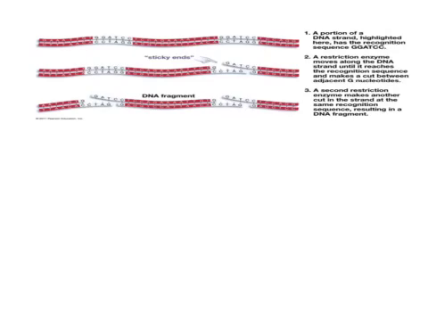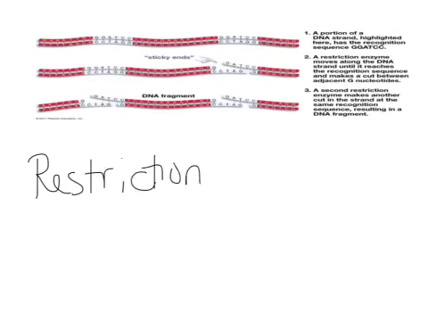Let's look a little closer at how they actually got the human growth hormone gene of interest, because the gene is just one small section of the chromosome. We pull that gene out of the chromosome using restriction enzymes.